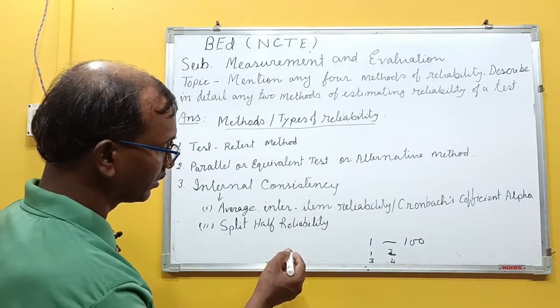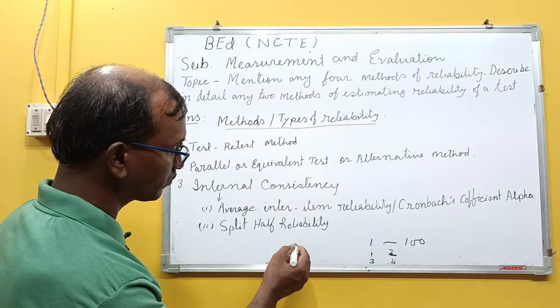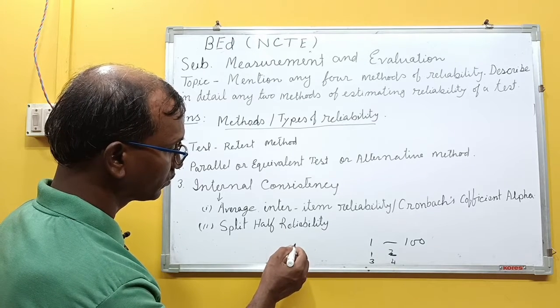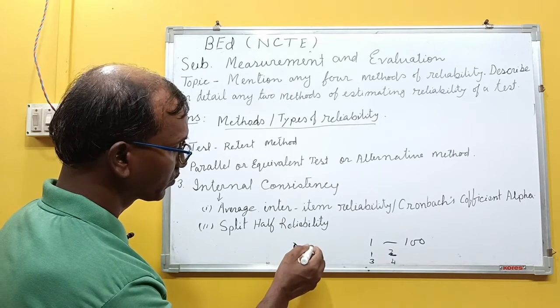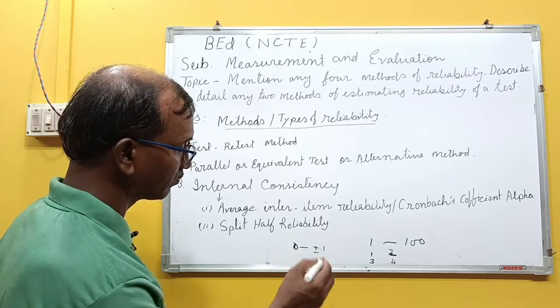Generally, the coefficient of correlation ranges from 0 to plus or minus 1, maximum.